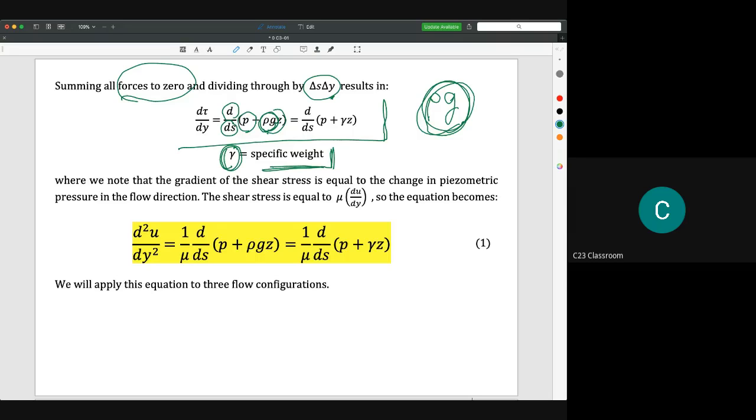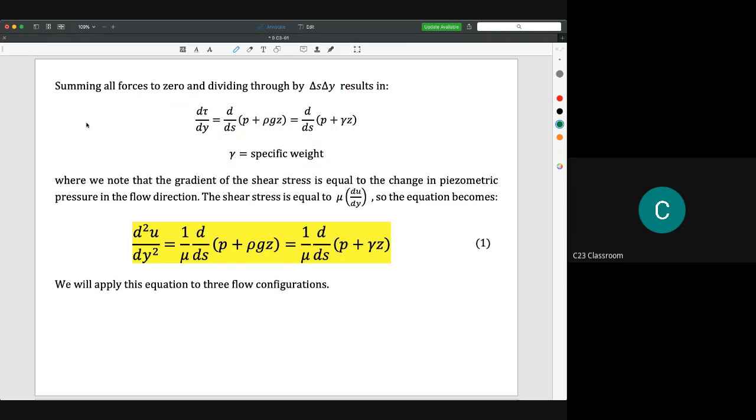So rho and g are not affected by the differential terms. It means that rho g here is independent, so the d ds here is actually focused on z only. Please try this at home. You will find there is only dz over ds, and then we simplify this into this term. Okay, this is the idea.